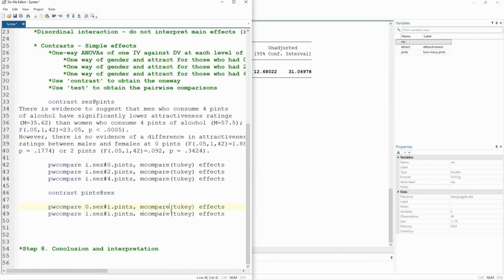And it's exactly the same syntax I produced. The only difference is instead of saying I.sex, I've now got 0.sex and 1.sex, and then I.pints. Now we already know that females didn't have a significant effect, so I don't need to look at the contrasts for females, it's only males.